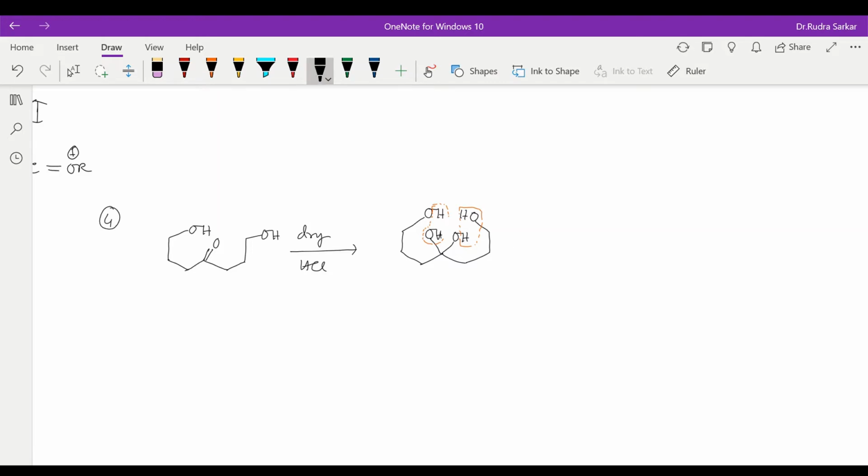So what will be your answer? Something like this, that you have an O getting connected to this carbon, you have an O which gets connected to this carbon. So that is your answer.